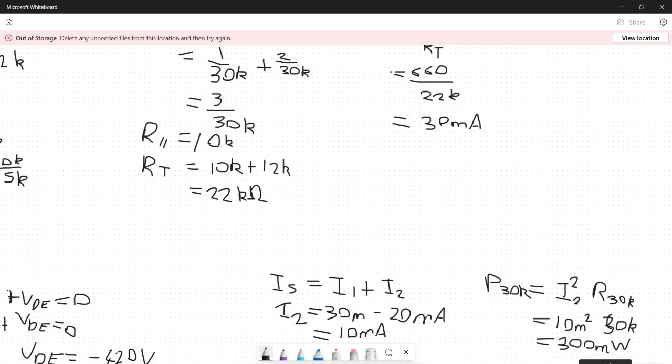So if I were to say 10e negative 3 squared times 30e3, oh, my bad. Instead of 300, it's supposed to be 3000, which means that this would end up being equal to 3 watts.